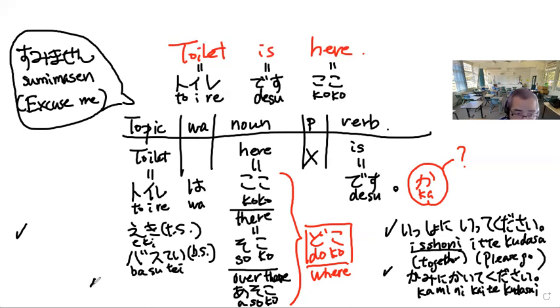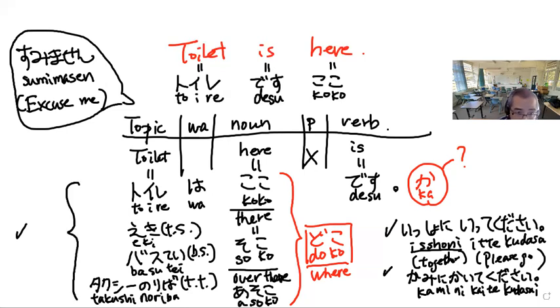A little bit longer. タクシー乗り場。That means taxi terminal. タクシー乗り場はどこですか？Likewise, you can expand this expression in many ways.